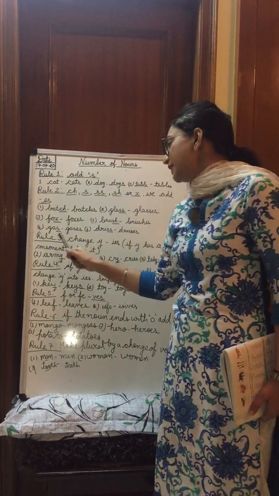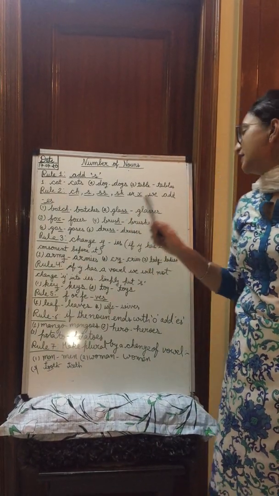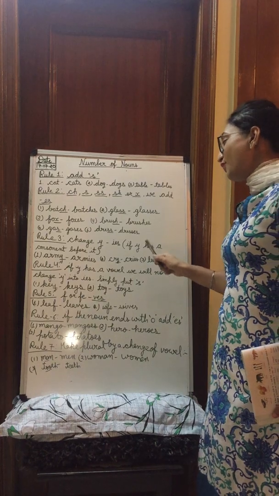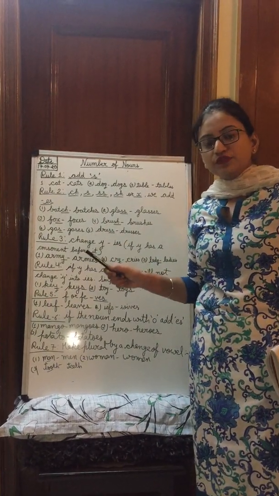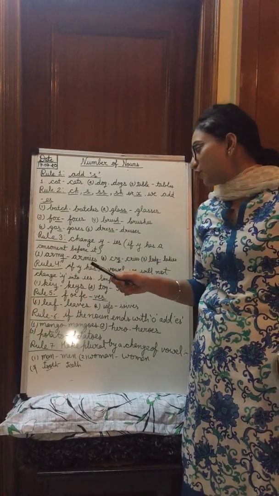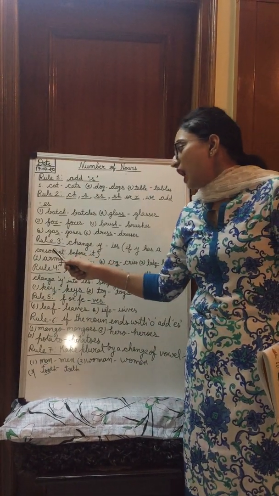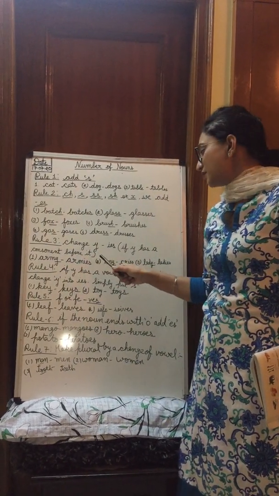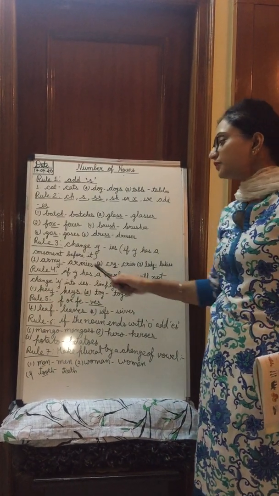Rule number 3. We change Y into IES, but Y should have a consonant before it. If the noun ends with Y and Y has a consonant before it, we change Y into IES, like army, armies, cry, cries, lady, ladies.